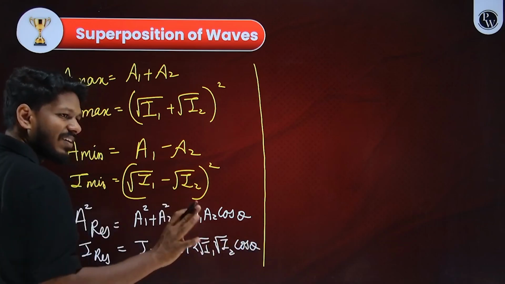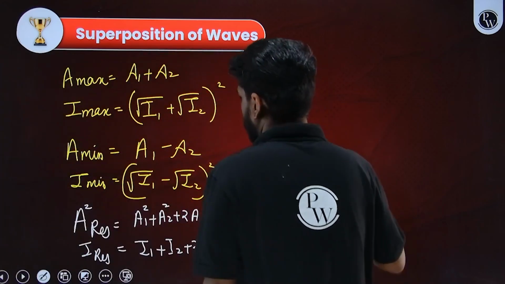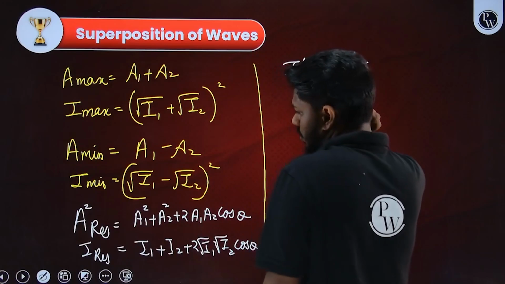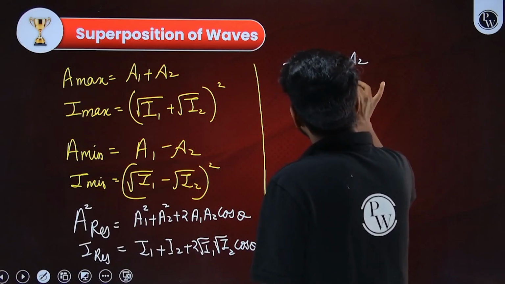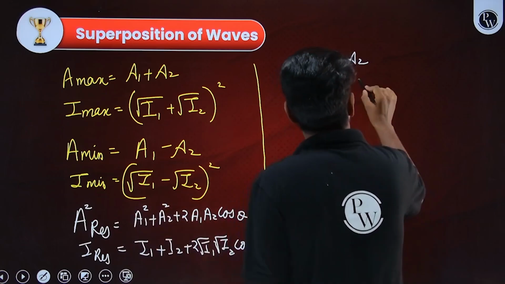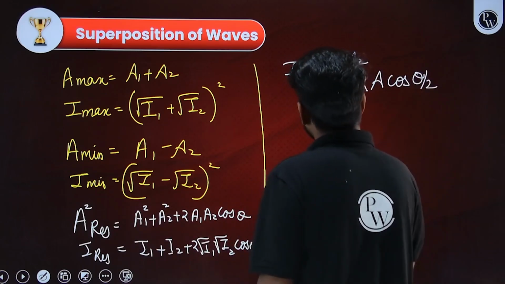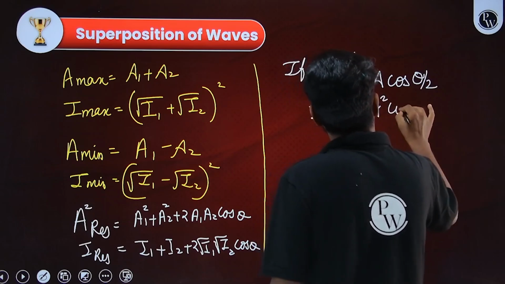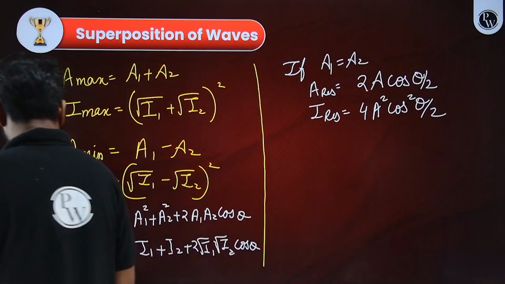So whatever is given in the question, based on that you solve the question. If A1 equals A2, then cos of theta by 2 will be equal to 4a square cos square theta by 2. Just remember all the thing.